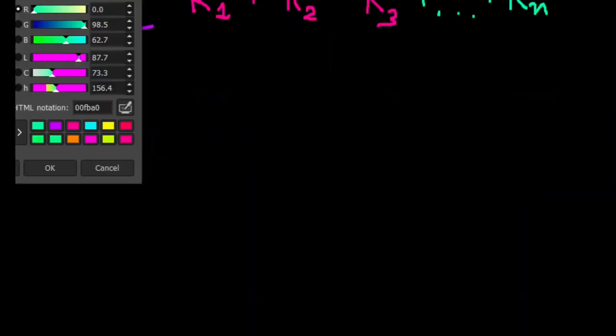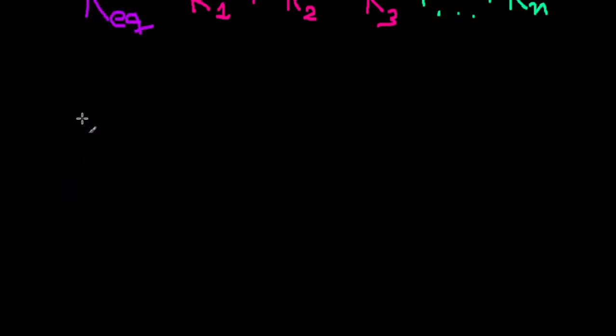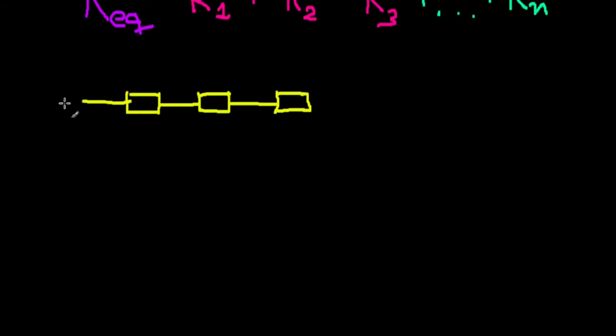Anyways, that aside, we just got our formula. Let's try using it in a problem. So we have this circuit. We have a resistance here, and a resistance here, and a voltage source right here.